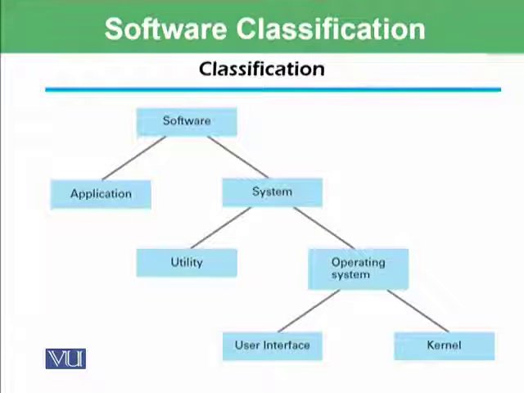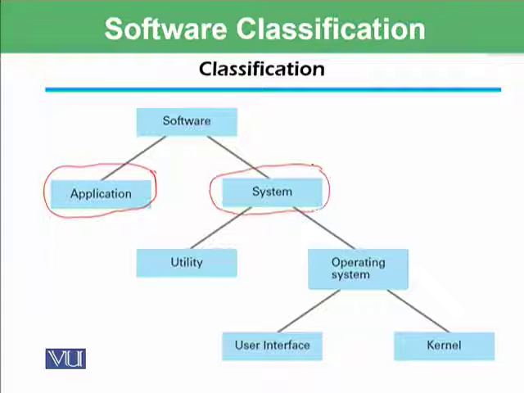If we want to classify software, it can be classified into application software and system software. Within system software, we have utility and operating system. And in the operating system, we have user interfaces and kernel.